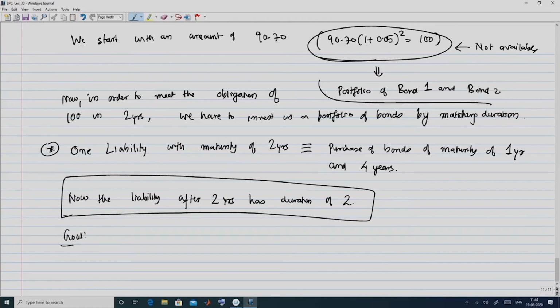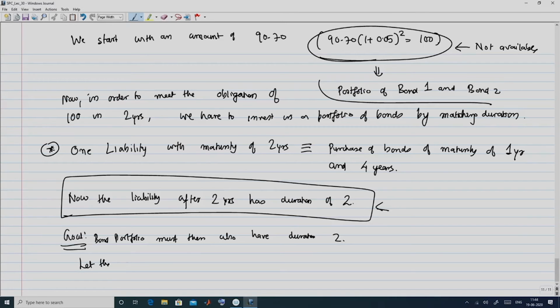So, what is the goal? Just to put it in clearer terms, the portfolio of bonds must also have duration 2.